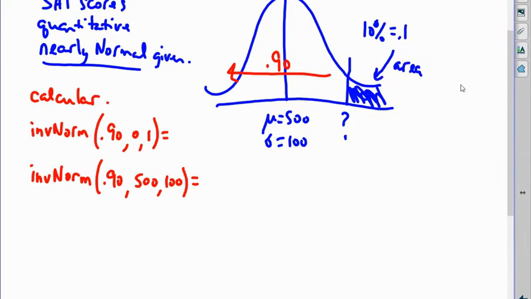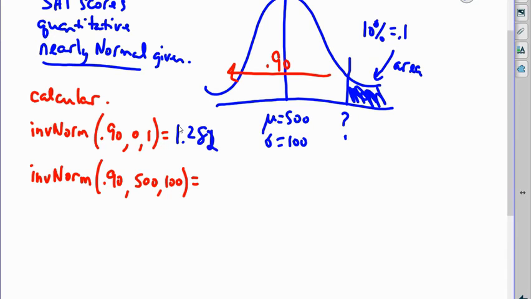So let's see, now I've got to get my calculator so I can remember what these numbers were. Okay, so we found that we got a 1.28, or 1.282 with rounding.